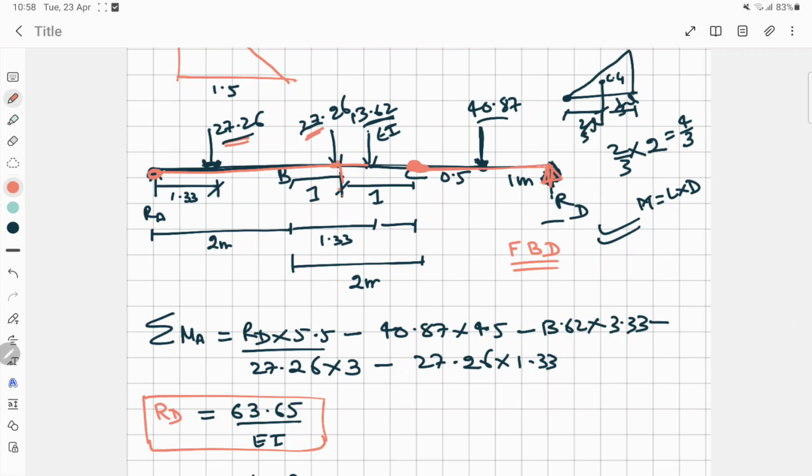This load is acting on this beam and covers a distance of 1.5 to reach this point, right?